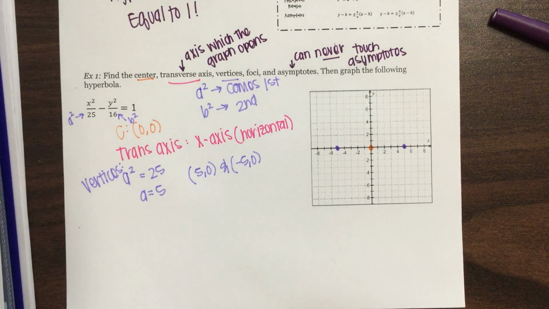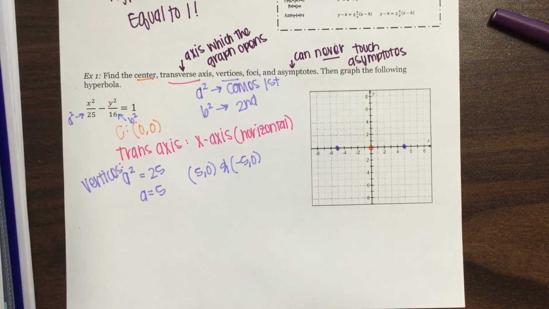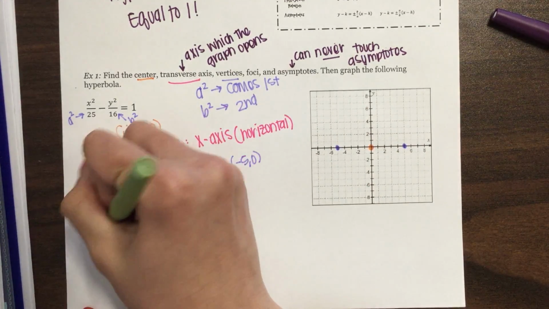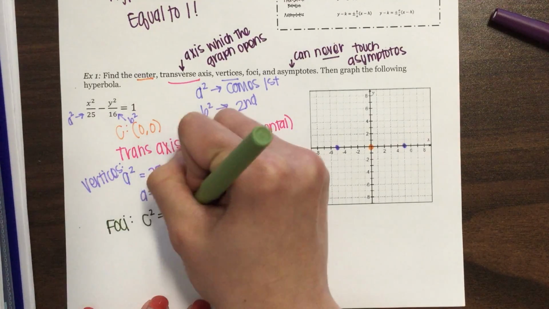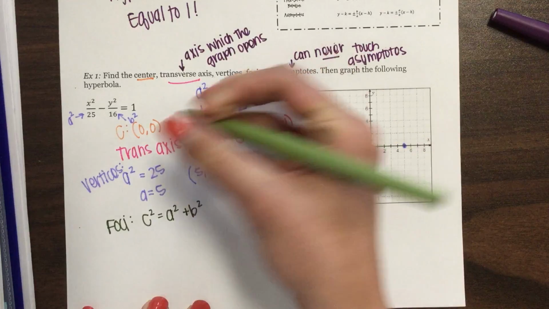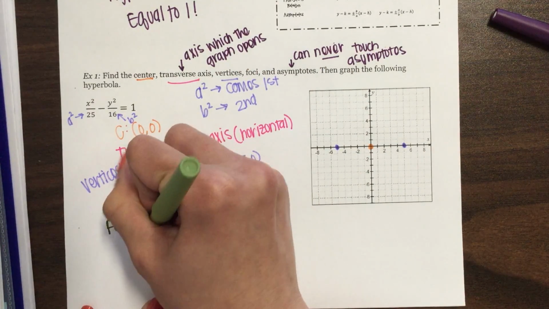Now let's find the foci. Before, when we were finding the foci for ellipses, we used c squared equals a squared minus b squared. Remember, these are opposite of ellipses, so now it's c squared equals a squared plus b squared. That's going to be 25 plus 16 equals c squared.